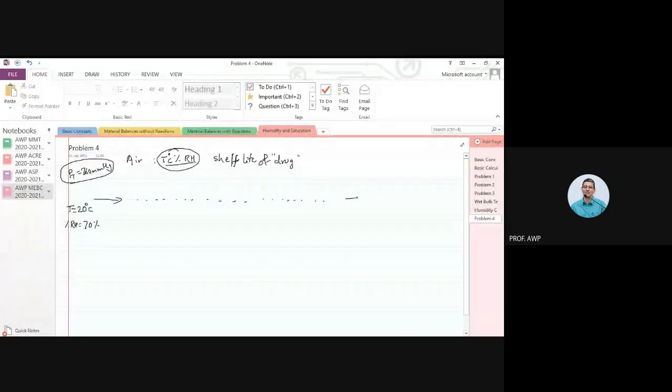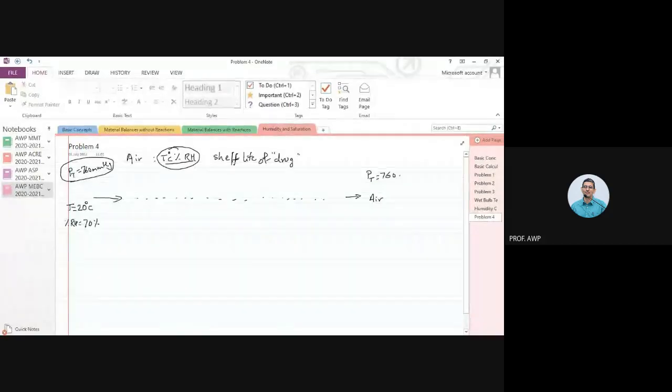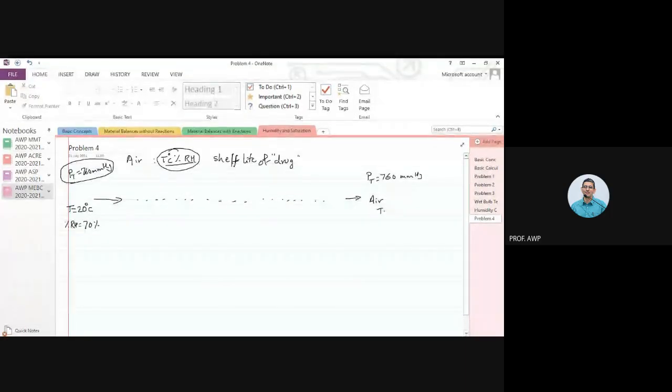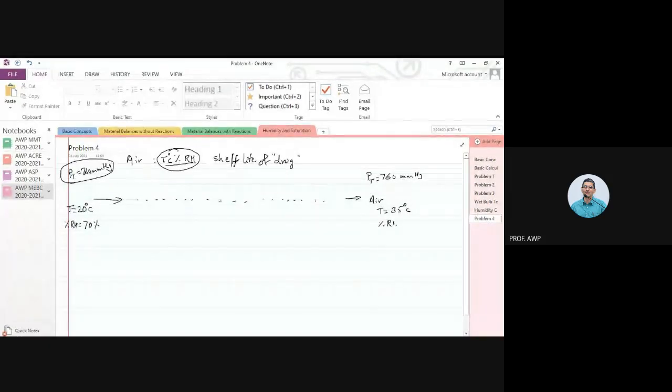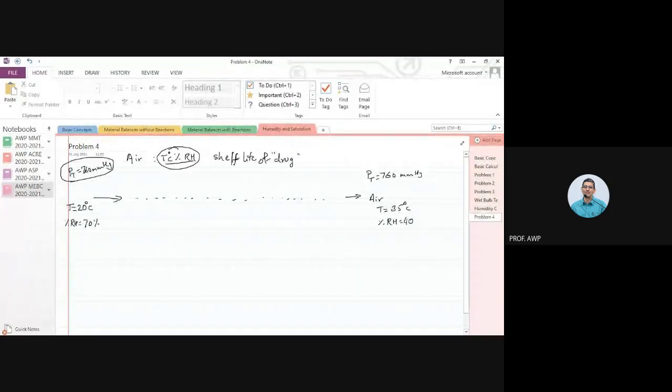And the air coming out, of course, we want at the same pressure. Assume it is going to be the same pressure, 760 mmHg, just to make our life simple so that we can use our humidity chart. Say the temperature we want is 35 degrees centigrade, and percent RH we want as 40% RH.